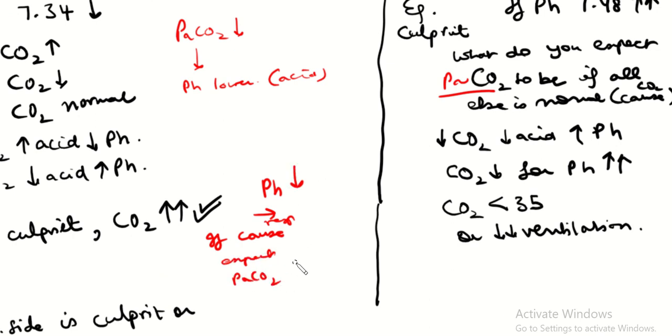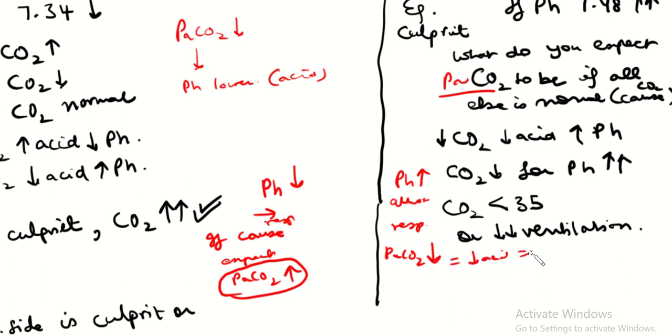If you have low pH and my respiratory side is causing this, then my PaCO2 is high. If my pH is high and I'm in alkalosis, alkalemia, and the cause is respiratory, what do I expect PaCO2 to be? Lower, because less acid means more alkalemia.